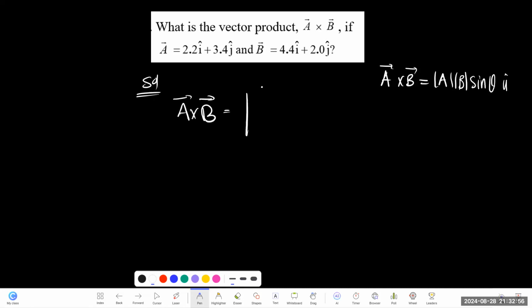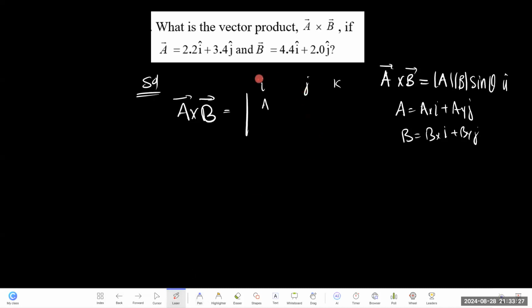equals, writing like this, I, j, and k. Let's suppose the vector given in our question is in this form: A equals AxI plus AyJ, B equals BxI plus ByJ. So I'm just going to take the I, j, k components, and the k component I write here.